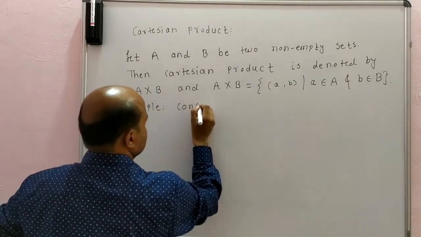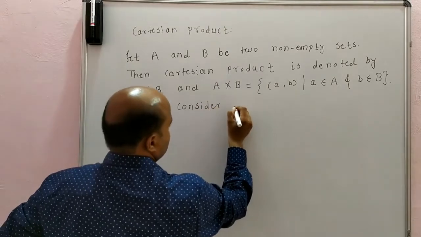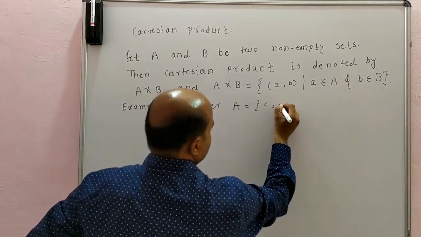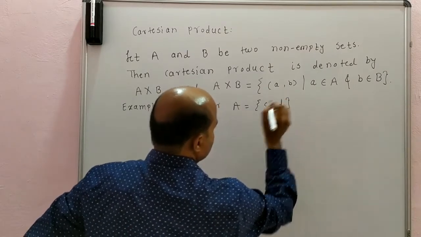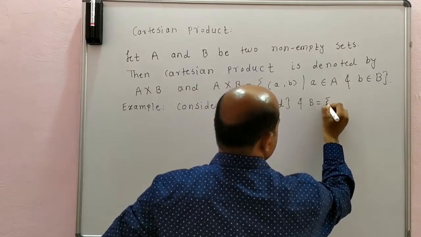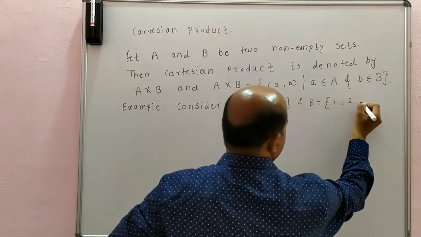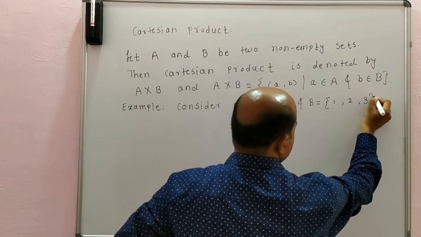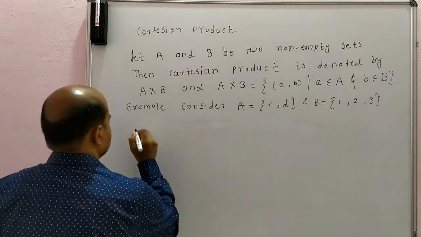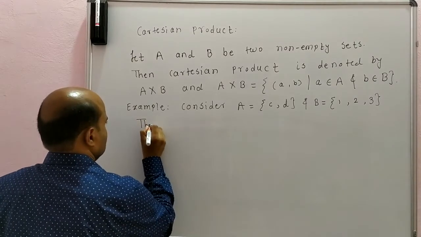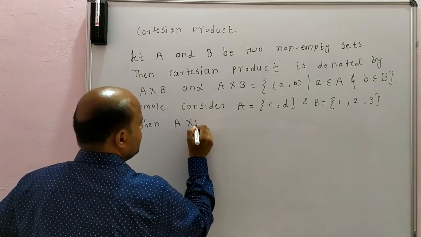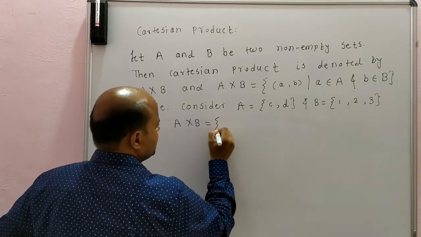Consider A equal to {C, D} and B is a set which consists of 1, 2 and 3. Then the Cartesian product of A and B is a set.